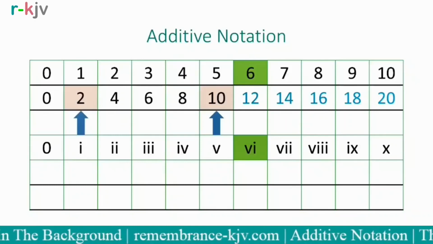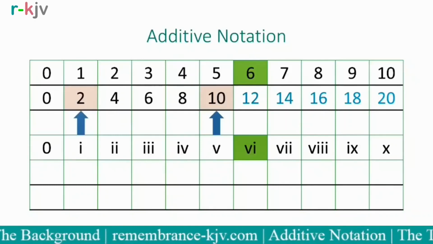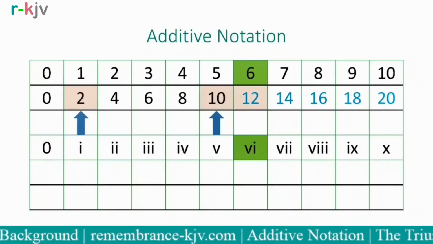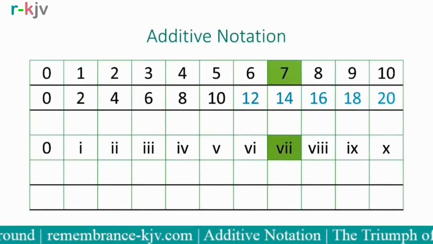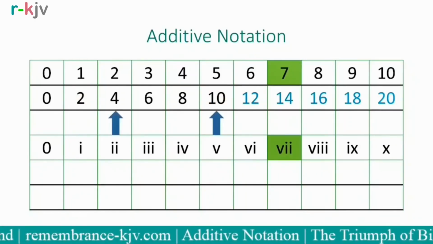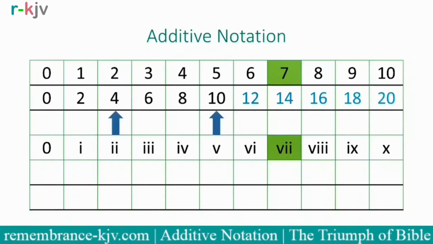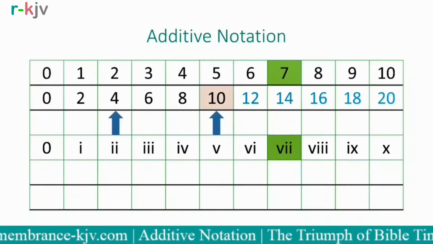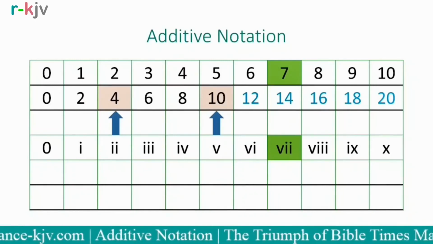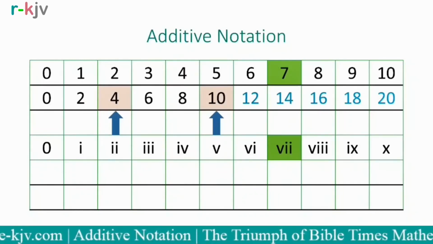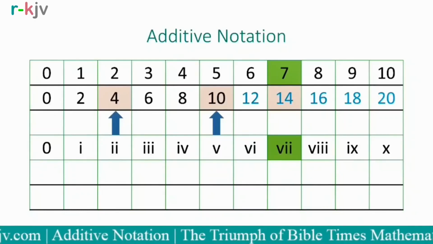The double of 6 is therefore 10 and 2, which is 12. The double of 7 is understood as the double of 5 and the double of 2. The double of 5 is 10 and the double of 2 is 4. The double of 7 is therefore 10 and 4, which is 14.